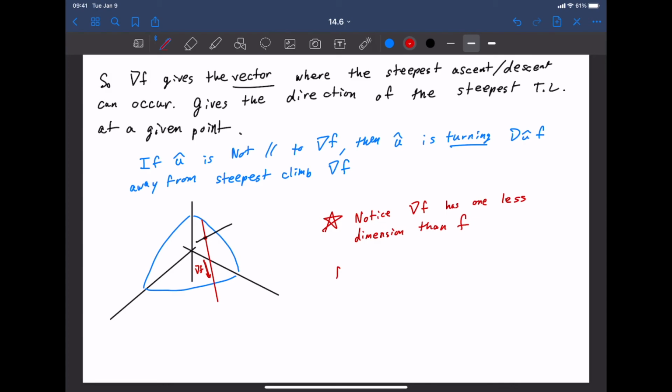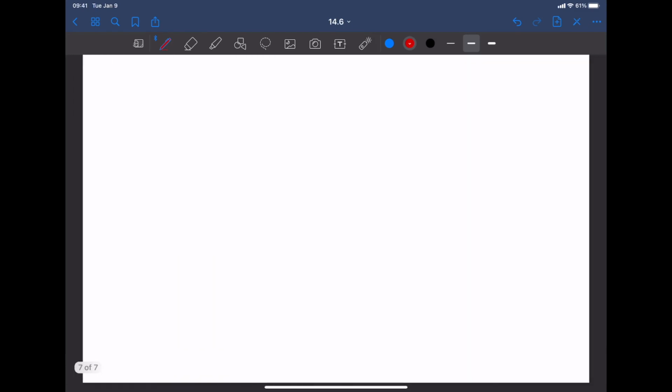If f of x, y equals z represents a 3D surface, the gradient of f is only a 2-component vector, so it's always going to be a 2D vector. This is going to end up being true in higher dimensions as well. That's another really important use of it. Enough theory, let's just get into some computations.